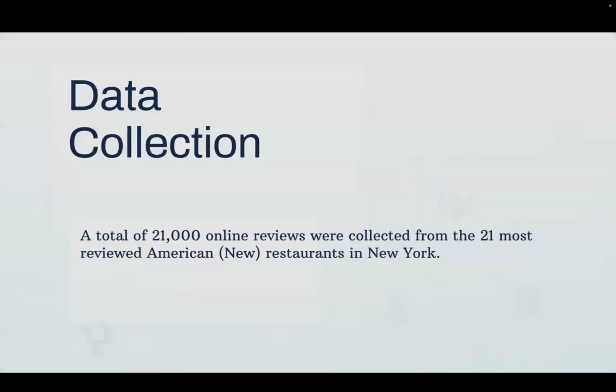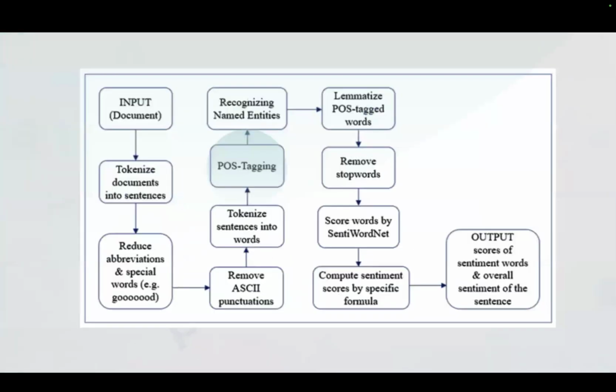To begin with, we collected a total of 21,000 online reviews from 21 most reviewed American restaurants in New York from Yelp. I wrote this program in Python, and the procedure was like, first we input documents and tokenize documents into sentences.